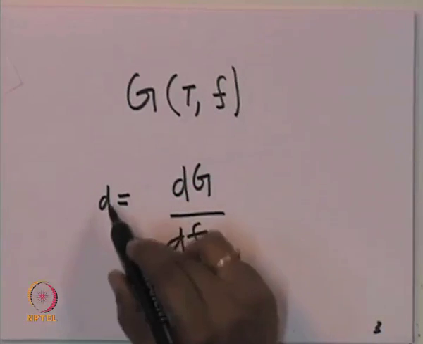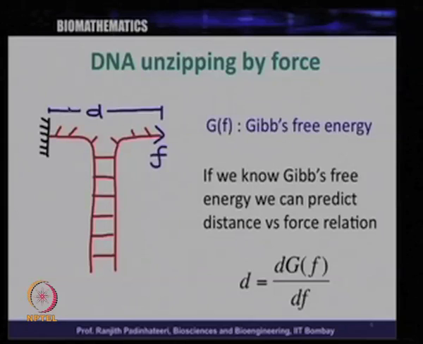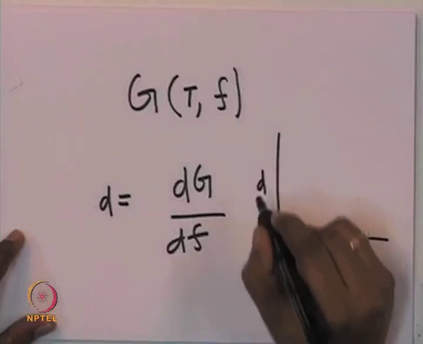Here d is the distance, as you see in this picture, and the more the force, the more the distance in this case. Using this relation, we can make a plot of force versus distance.